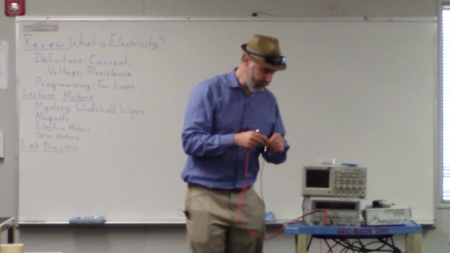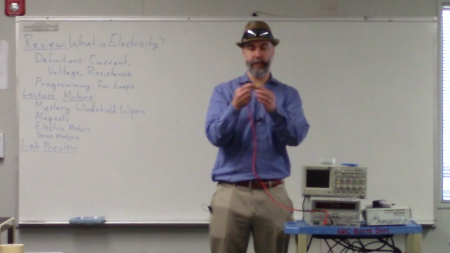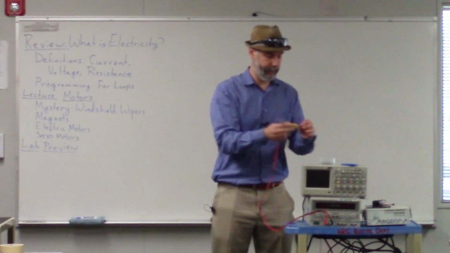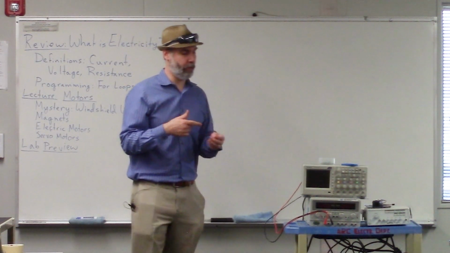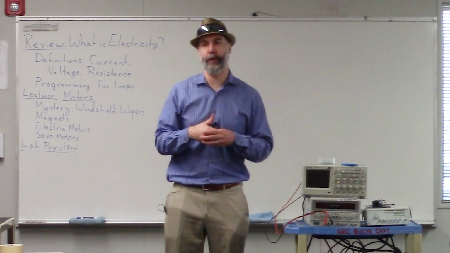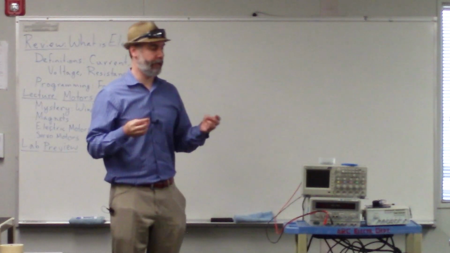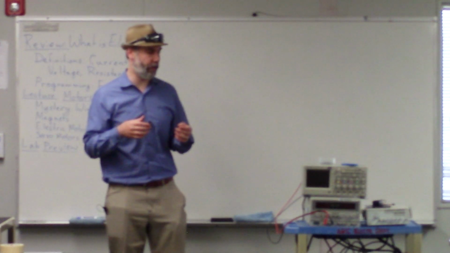So the main takeaway here is that when we wrap a coil of wire around a metal form and we push electricity through it, that creates an electromagnet, okay? So it's a magnet that we can turn on and turn off.